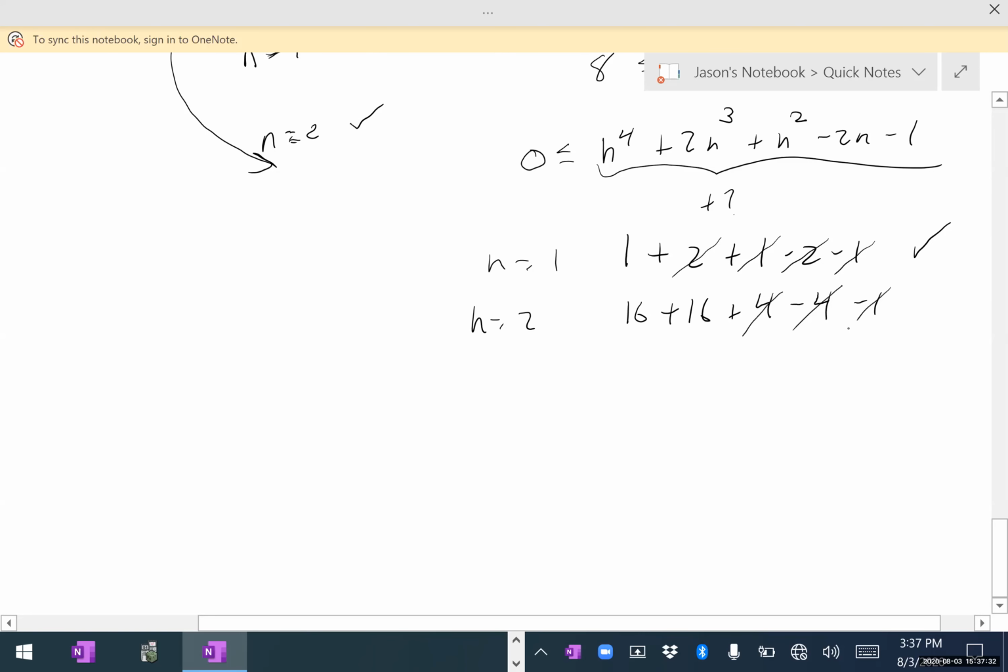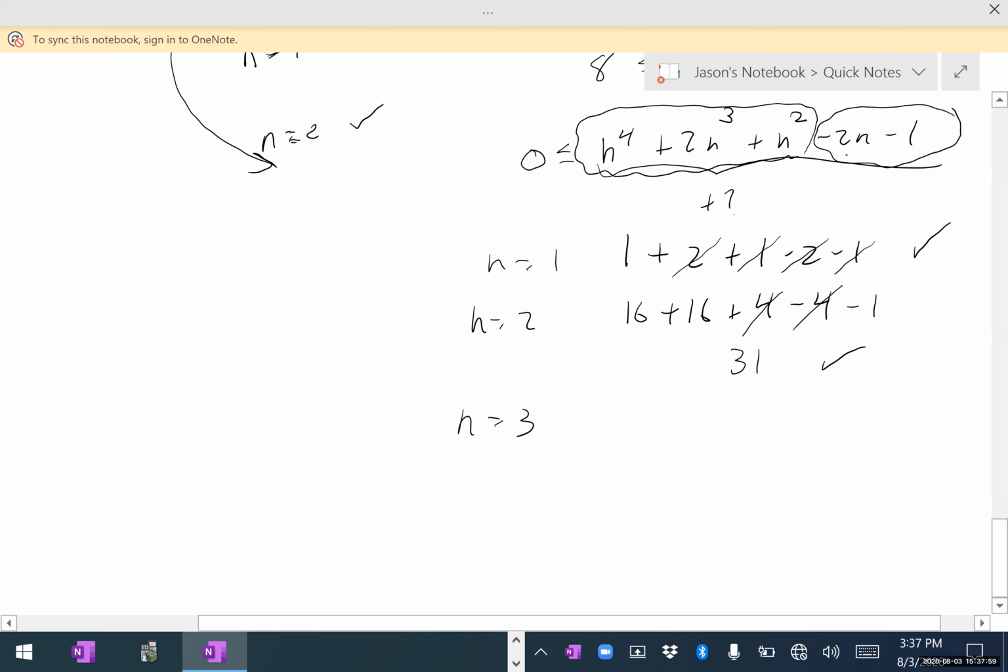Oh, okay. So the 4 and the minus 4 cancel, and then I get a minus 1 here. So this is really 31. Boom. Okay, so what about n equals 3? If we did n equals 3, can't we see that these first three terms are always going to be beating out these last two terms in a way?